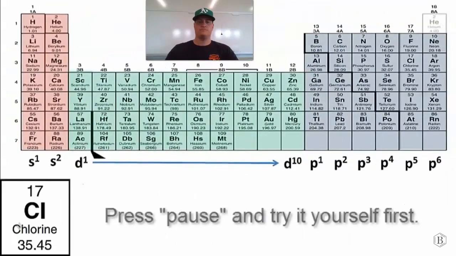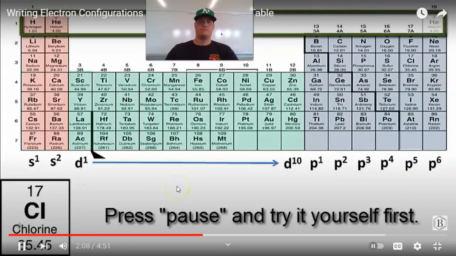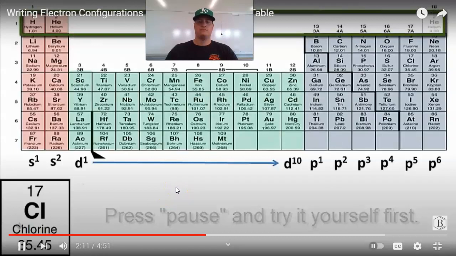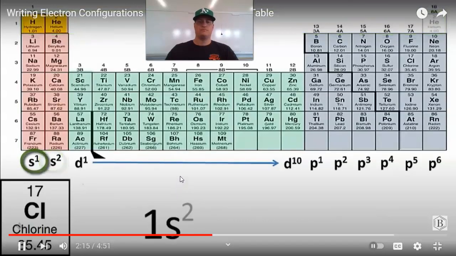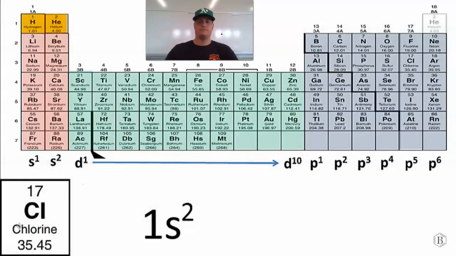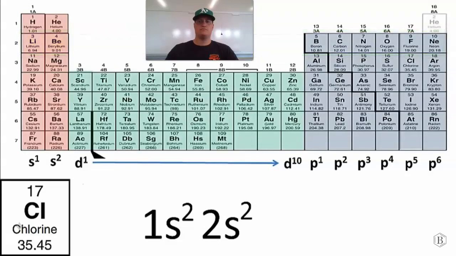We'll do chlorine the same way we did boron. In row or period 1, we can see with hydrogen, we'll start at atomic number 1, we have the 1s1 and 1s2 full, so we just write 1s2. We go across, and we're actually back in row or period 2, so we have lithium and beryllium, 2s2, that's full. We go over to the P block, and we have all of that full, P1 through P6, so we just need to write 2p6.